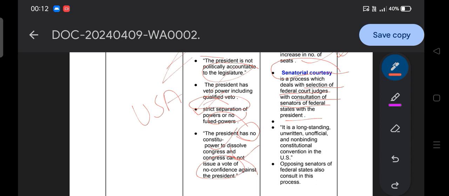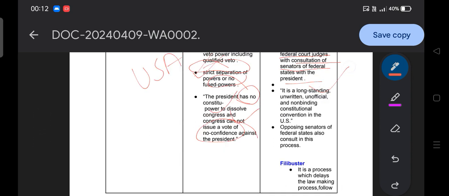So that is how the senatorial courtesy concept works, and it is a long-standing, unwritten, unofficial and non-binding constitutional convention in the USA. There is no mention of it in the Constitution of the USA, but it is a convention, something not clearly defined.